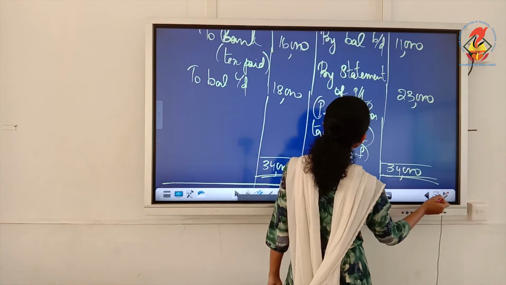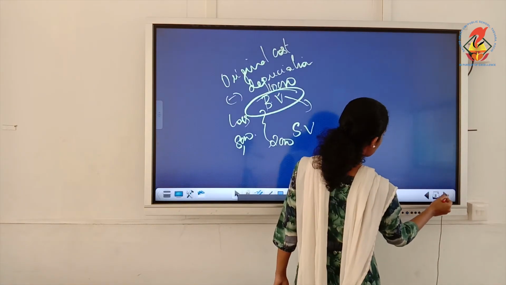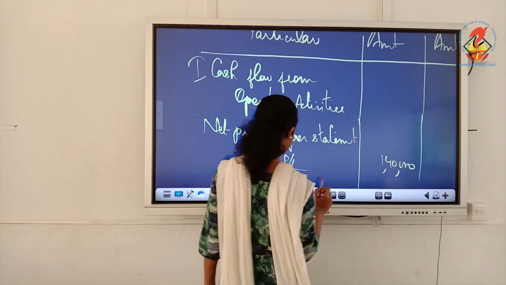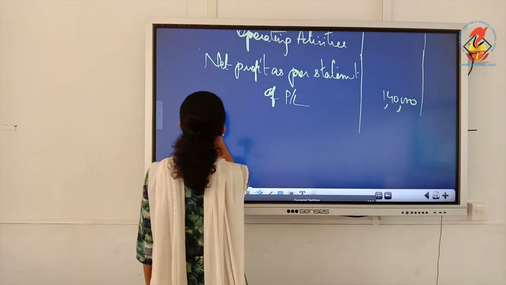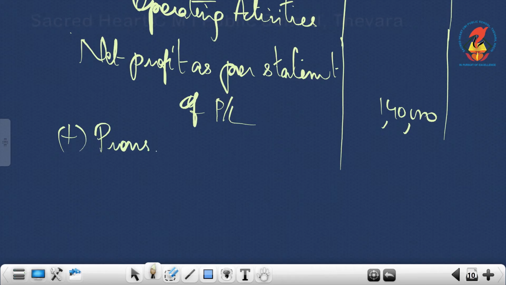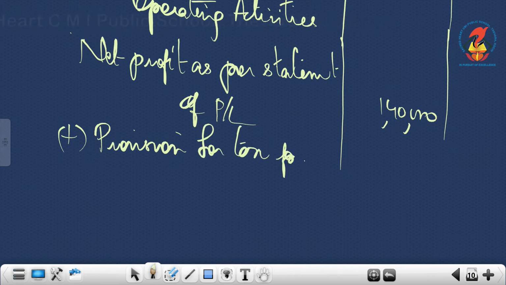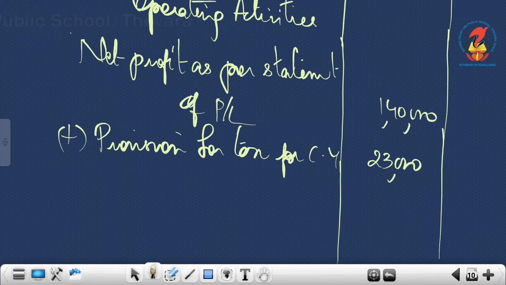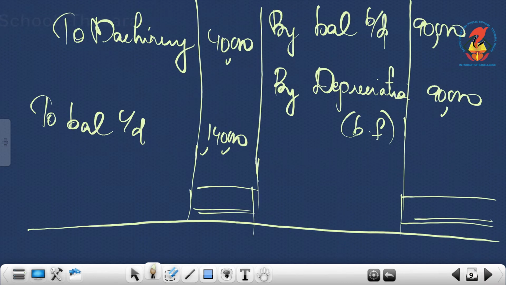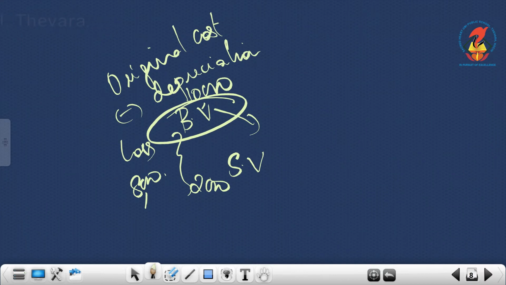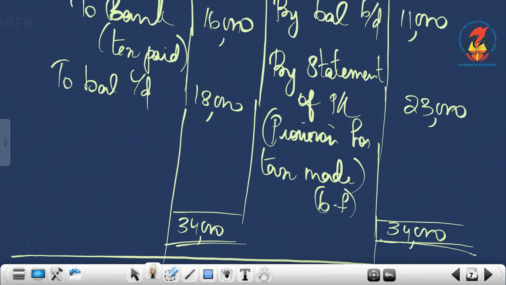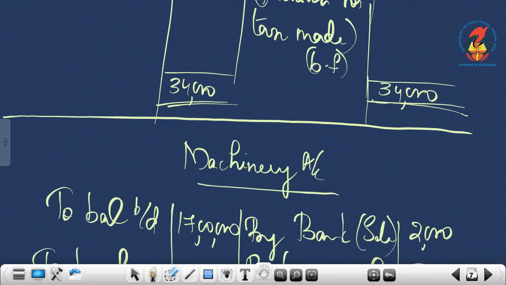So we will add back this provision for tax, the current year's provision, 23,000. The tax paid figure we need not take now, that will be deducted later from cash generated from operations.